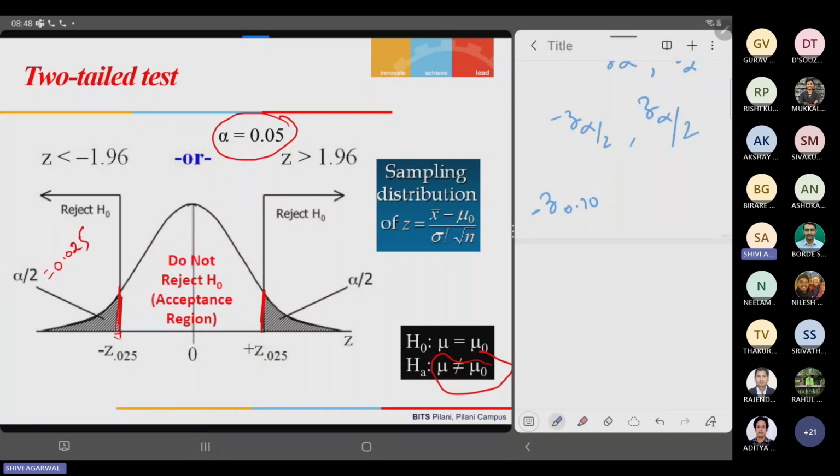This critical point is minus Z 0.025 and this is plus Z 0.025 here. Correct. In the right tail problem, 1 minus alpha is 0.95.